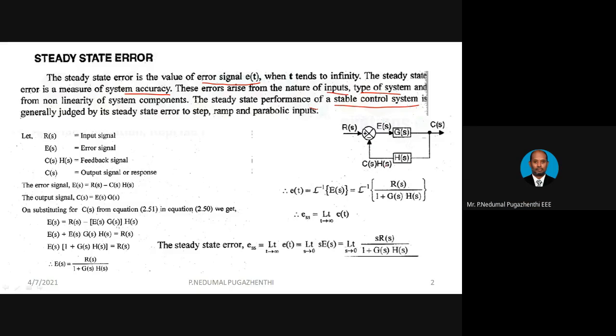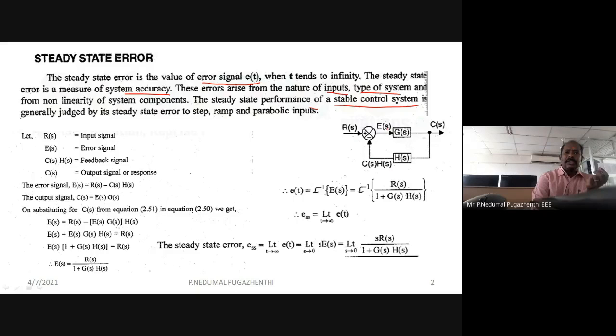If it is unity feedback, then H(s) is 1, so R(s) minus C(s) will be your E(s). The input signal is R(s), the error signal is E(s), the feedback is C(s)H(s), the output is C(s), and from the diagram E(s) is equal to R(s) minus C(s)H(s).